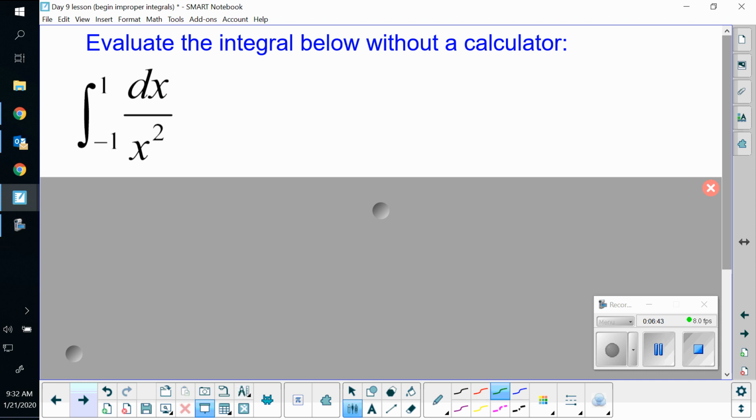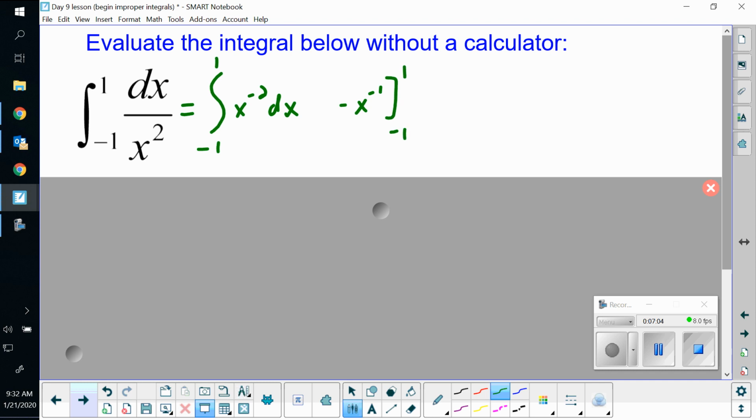All right, so in our notes packet, when we see this integral, if we were to get it on a quiz or a test, you might think, okay, I'm going to rewrite this as x to the negative 2 dx. And if you do your antiderivative, that would be negative x to the negative 1, going from negative 1 to 1.